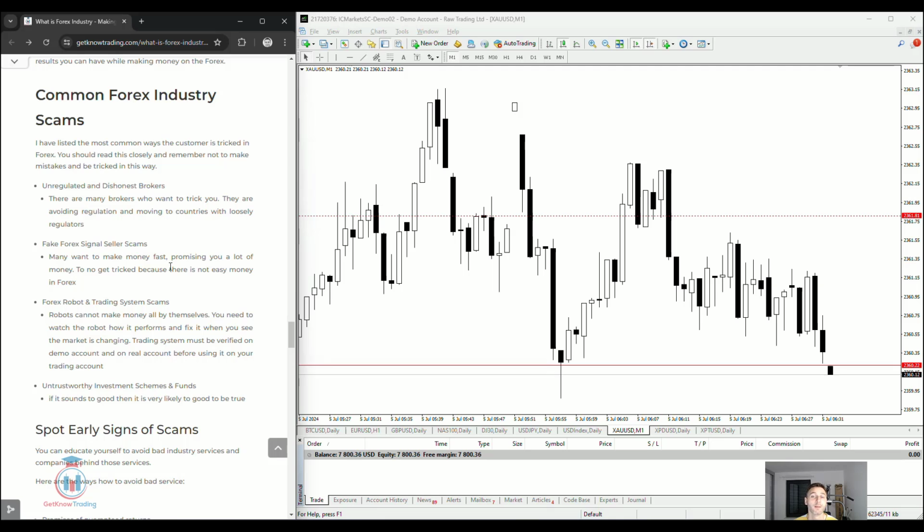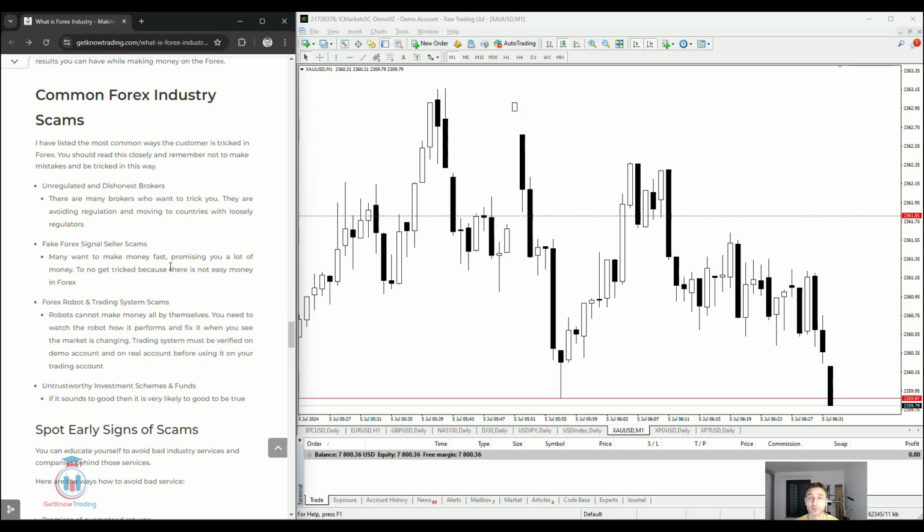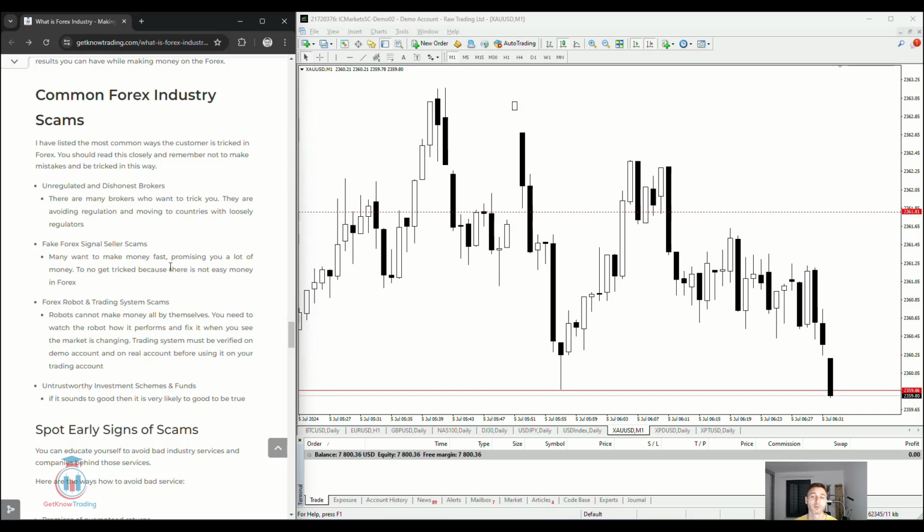As in any industry, if you buy something from eBay, for example a smartphone, you can get a brick instead of a smartphone. So you can also be scammed on eBay. Everything is possible. Because lots of money is being traded in this foreign exchange market, this brings lots of scammers on the market.